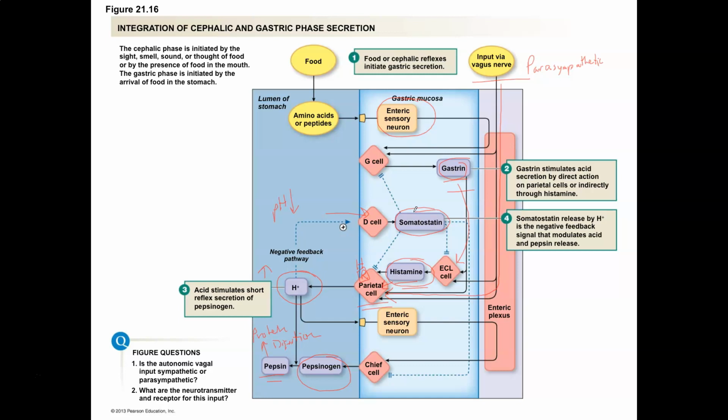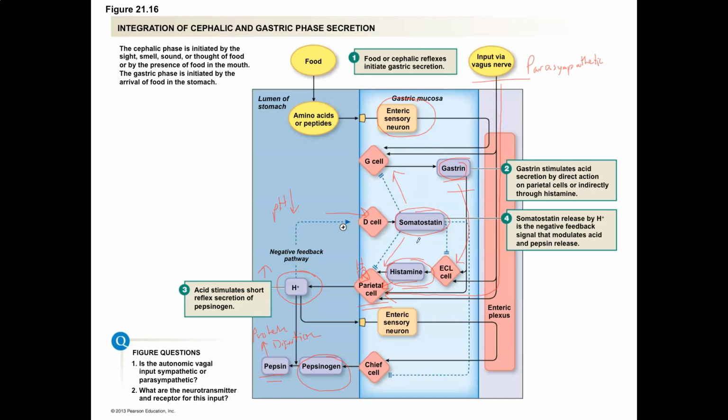So somatostatin negatively inhibits. It inhibits the G cells from making gastrin. It's blocking the histamine from interacting with the parietal cells. And so you will begin to slow down the acid production.